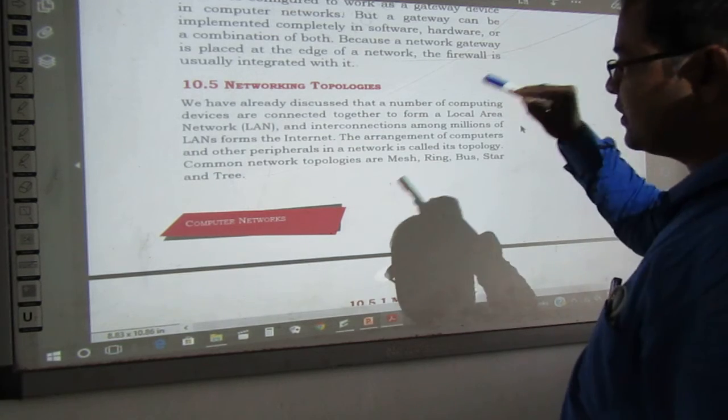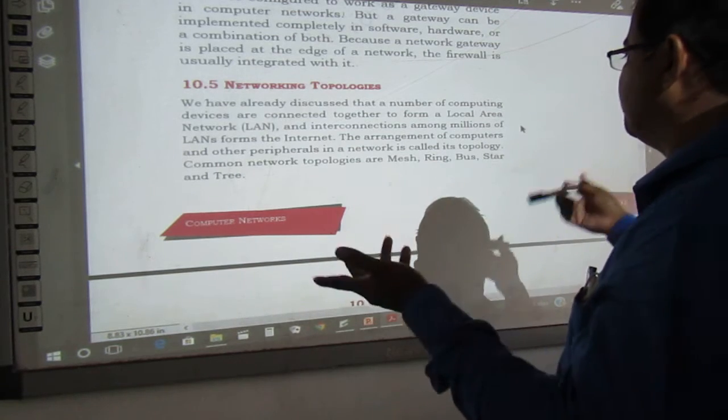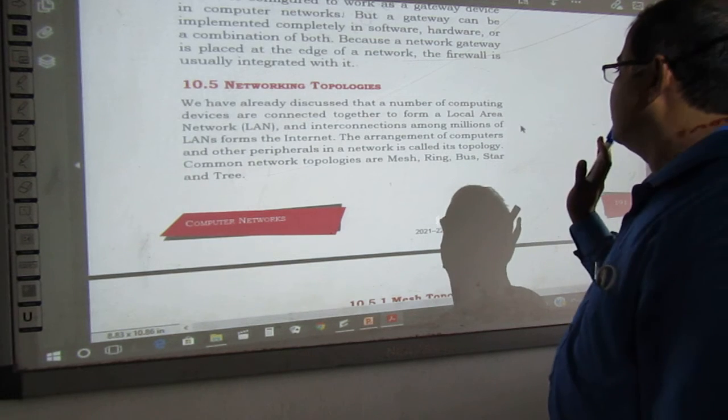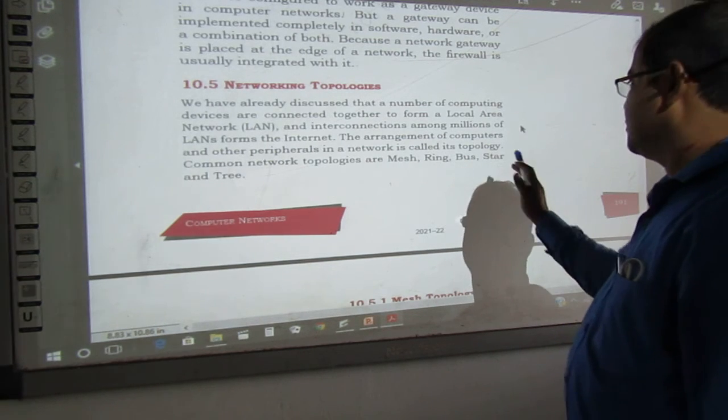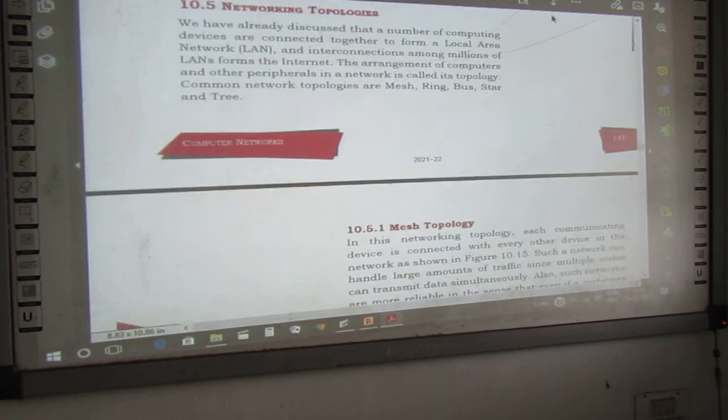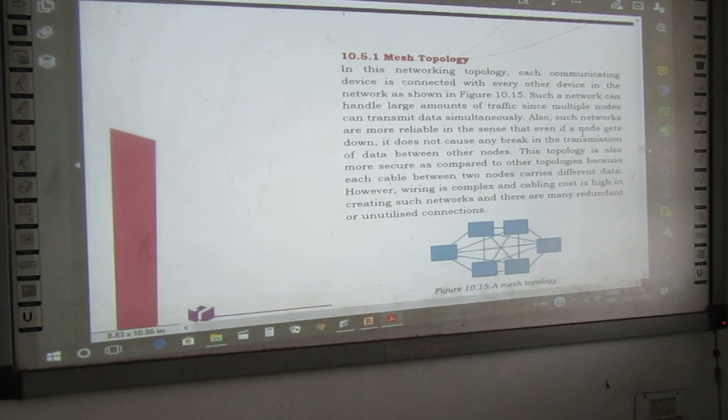Out of these, the ring and star topologies are the most efficient. I will discuss everything one by one.